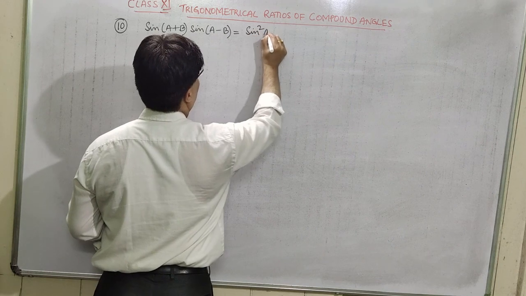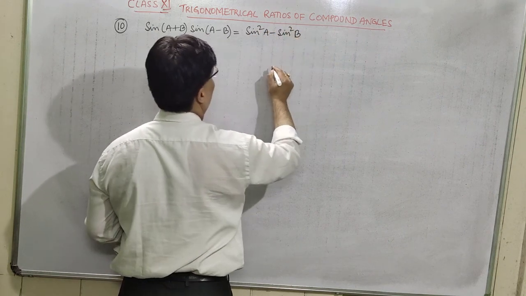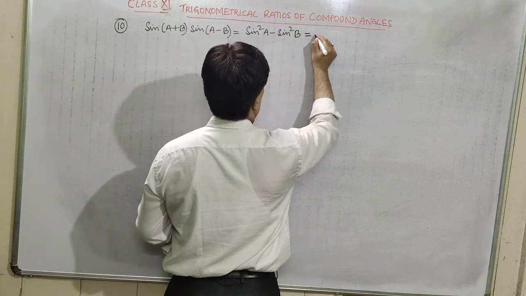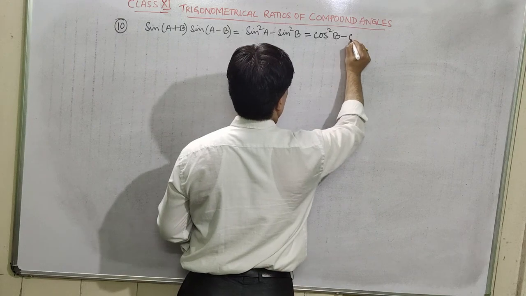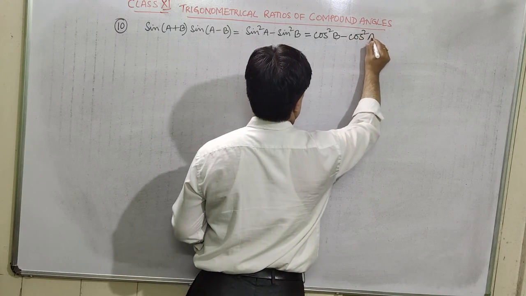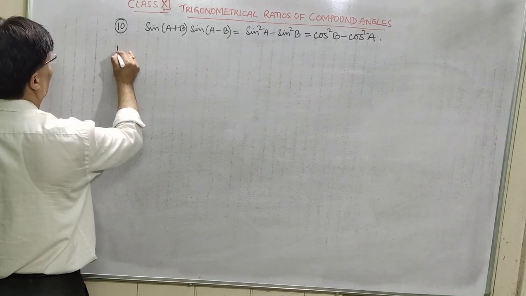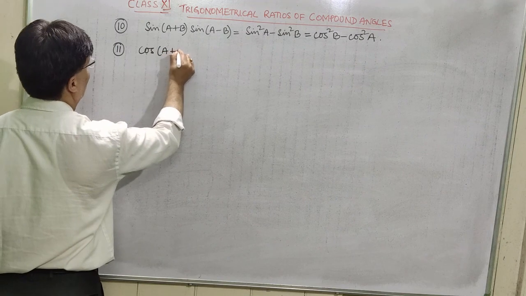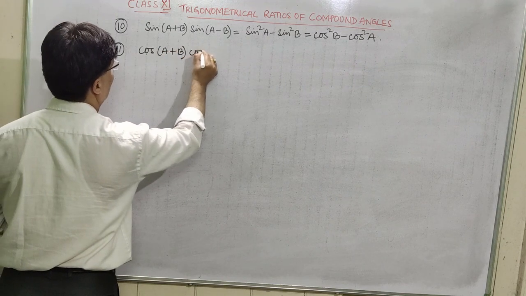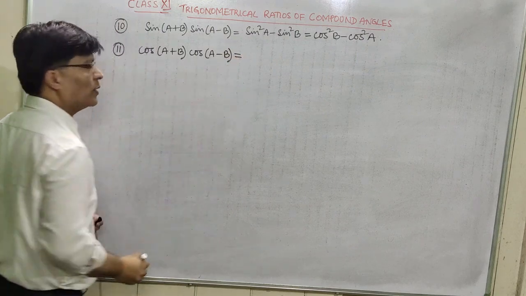It was sine square A minus sine square B is equal to cos square B minus cos square A. Okay. So number 10. And what was formula number 11?